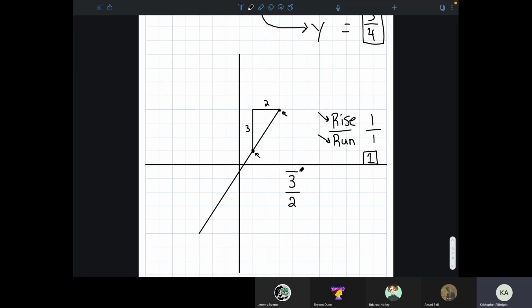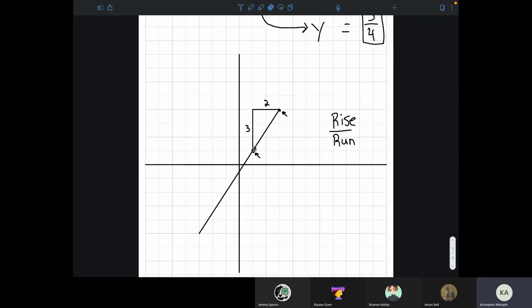So this is our slope of this line. So finding a slope is usually just as simple as going up, going over, and finding that.